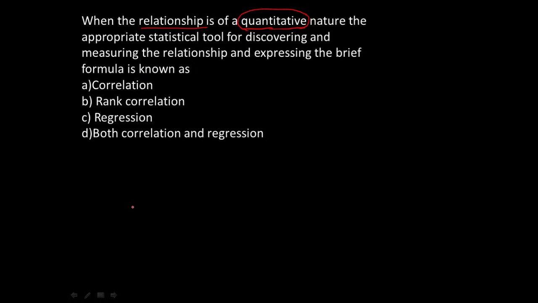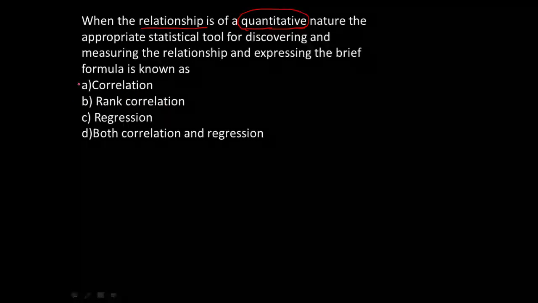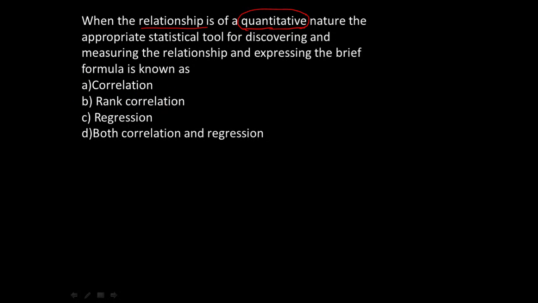But when you have to measure the relationship and check the qualitative nature, then that is called rank correlation. I have already told you the difference between correlation and rank correlation while dealing with the theory. When we do correlation, we just measure the quantitative nature, and with rank correlation you measure the qualitative nature of the statistical data. Okay, so your answer is option number A.